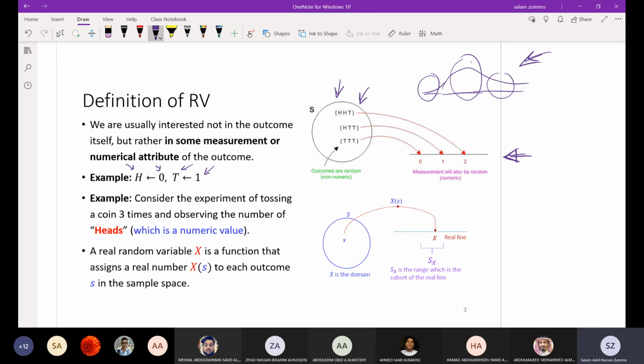So the random variable gives you a way to get away from the sample space itself, the elements inside it, and work with real numbers instead, by mapping the outcomes of the experiment into real numbers. That way, instead of worrying about what the outcomes are, we will look at numbers and find the distribution of these numbers and so on. It makes our life much easier.